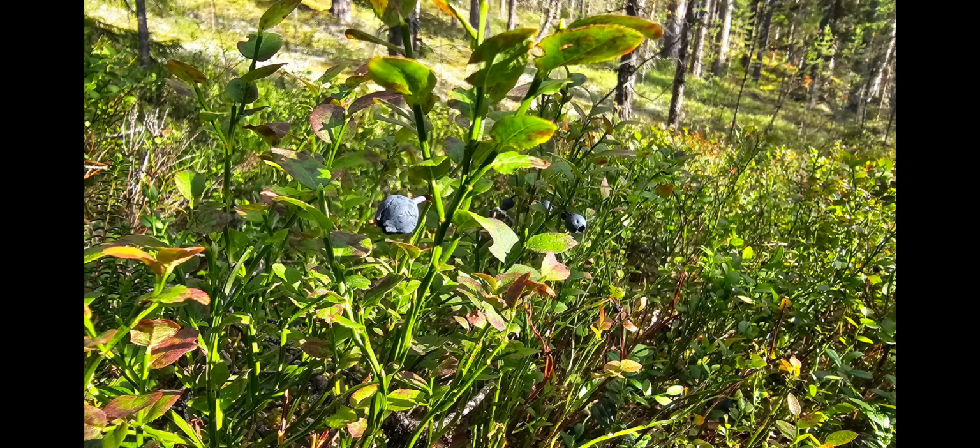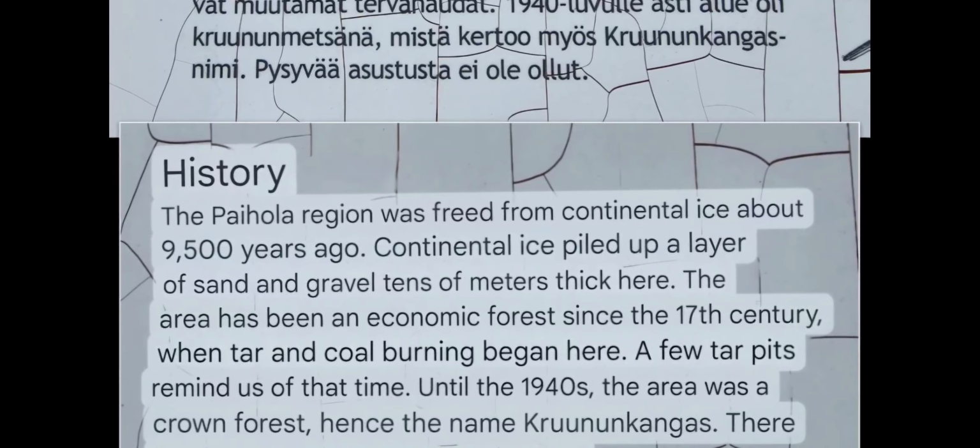And here is something I wanted to show you. I made a Google Lens translation of that. So: The bipolar region was freed from continental ice about 9,500 years ago. Continental ice piled up a layer of sand and gravel tens of meters thick here.